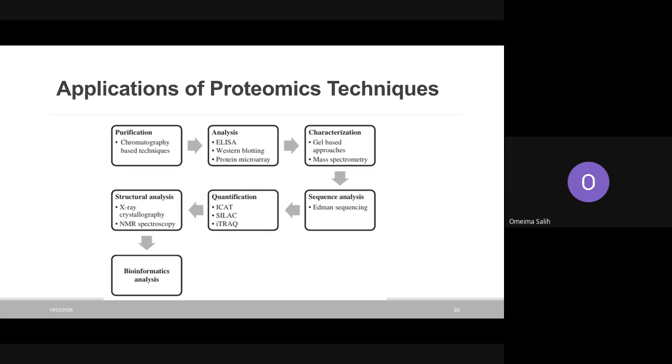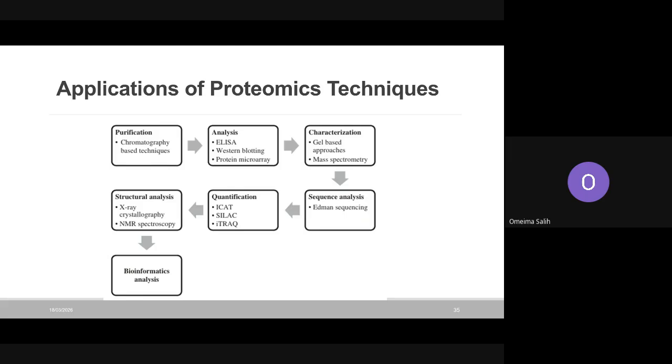Are you looking for purification or analysis of a protein, or characterization of a protein, or structural analysis of a protein, or quantification of the protein, or do you want to study the sequence of a protein?